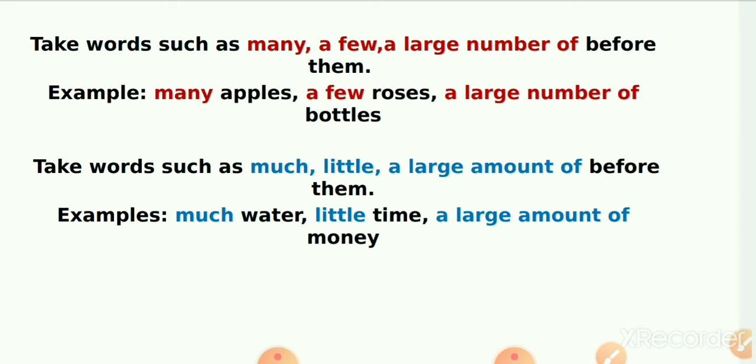Example, many apples, a few roses, a large number of bottles. Uncountable nouns take words such as much, little, a large amount of before them. For example, much water, little time, a large amount of money.